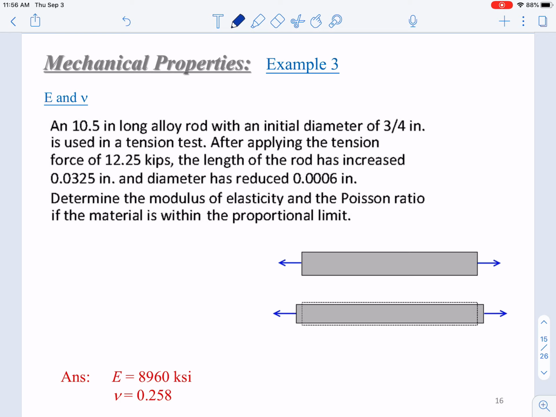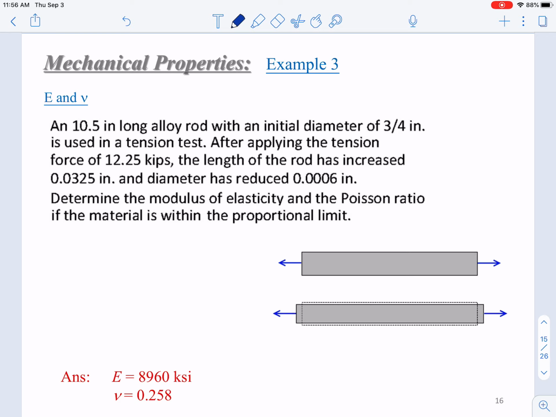After applying the tension force of 12.25 kips, the length of the rod has increased 0.0325 inch, and the diameter has reduced 0.0006 inch. Determine the modulus of elasticity and Poisson ratio if the material is within the proportional limit.